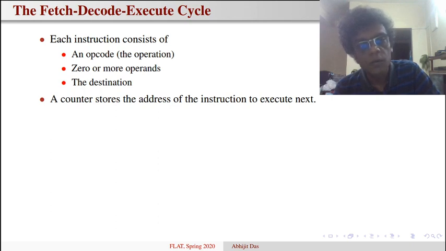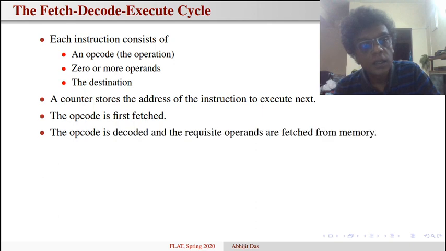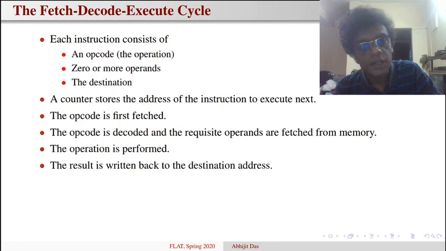Then, from the current instruction address, the opcode is fetched and decoded. Depending on the opcode, you know what other things you need. If the operation requires operands, they are fetched one by one from memory, then the operation is performed and the result is written back to the destination address.